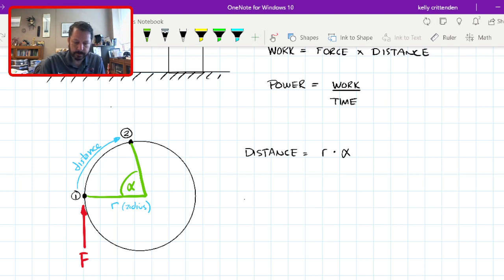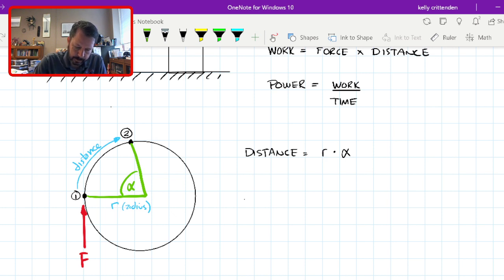Alpha is the angle of the arc from point 1 to point 2, how far we rotated the shaft. So R theta, except I'm not using theta because we used theta as an angle of twist earlier. So R alpha in this case.